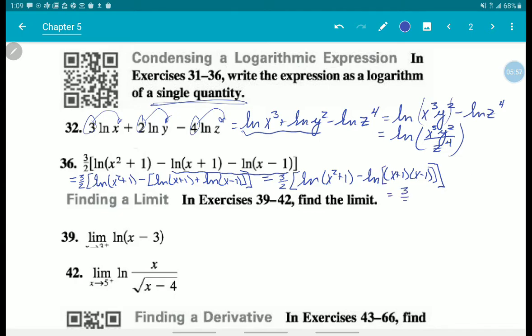And then we can rewrite that as the ln of x squared plus 1 minus the ln of x squared minus 1. And then we can put these together using that quotient property. And then finally, we can move that exponent back where it belongs.